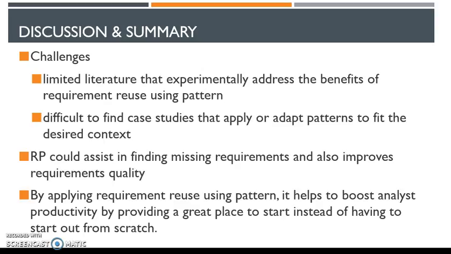We also found, based on our experience of implementing the requirements pattern in design with reuse, that requirements pattern could assist in finding missing requirements and can also improve the requirements quality. By applying requirements reuse using pattern, it helps to boost analyst productivity by providing a great place to start instead of having to start from scratch.